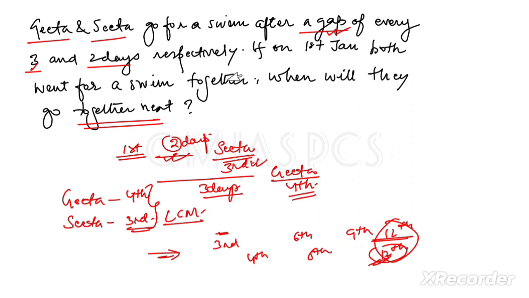The first day they have gone there, so after 12 days it is 13th January. So we can tick that: after 12 days or 13th January. Is it clear or not?